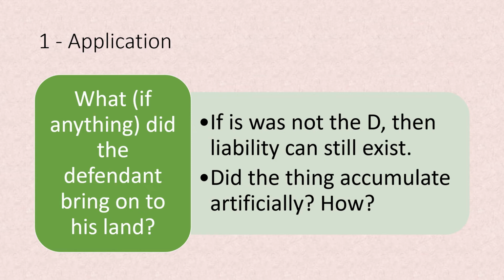If it was not the defendant, liability can still exist. We need to identify any particular scenario. And of course, did the thing accumulate artificially? Artificially means he creates something, like in Rylands and Fletcher, creating a reservoir for the water. That is artificial, but accumulation of rainwater would not be the same thing.